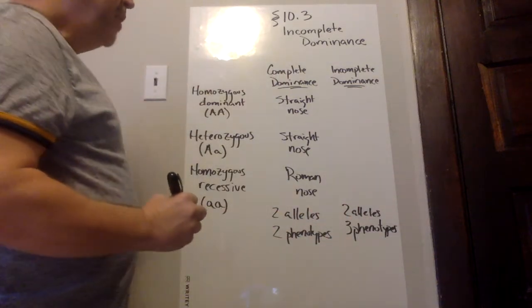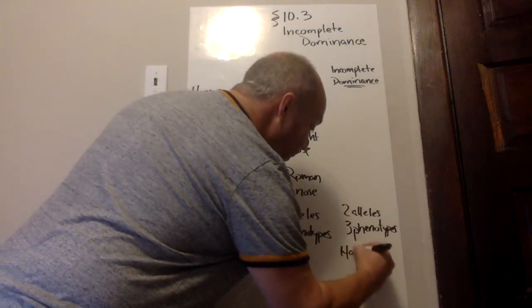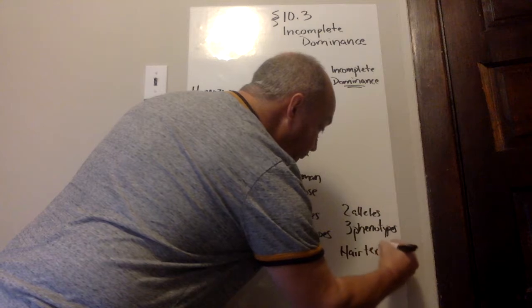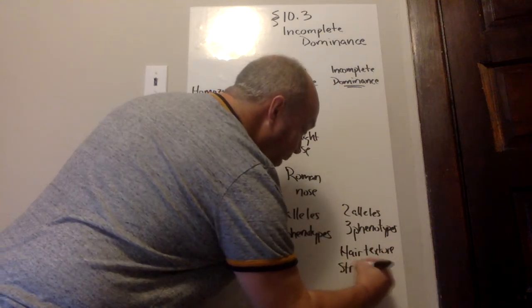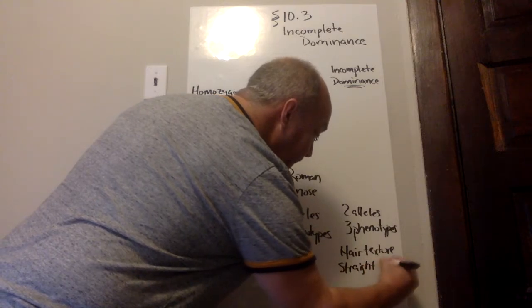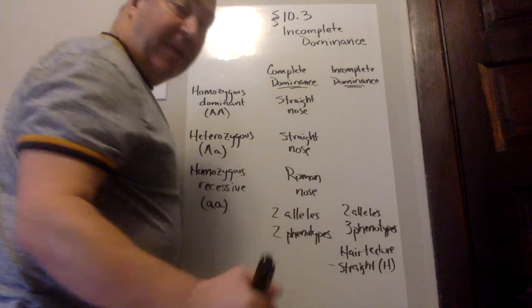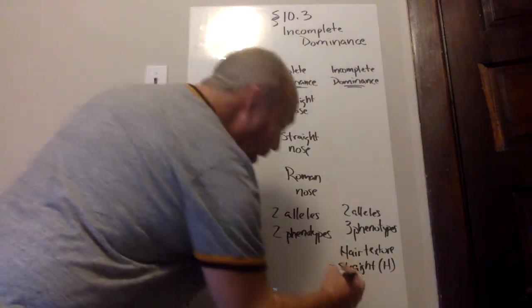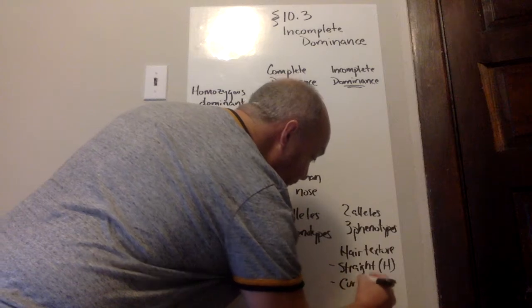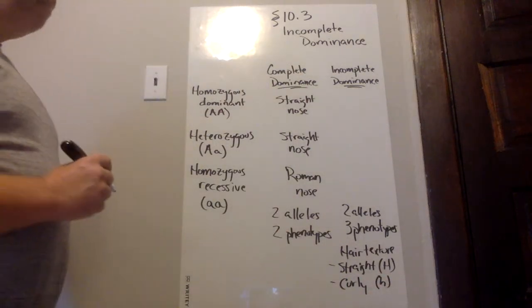So, as an example of incomplete dominance, we have hair texture. The dominant allele is straight, which we will represent with a capital H, and the recessive allele is going to be curly. We'll represent that with a little h.